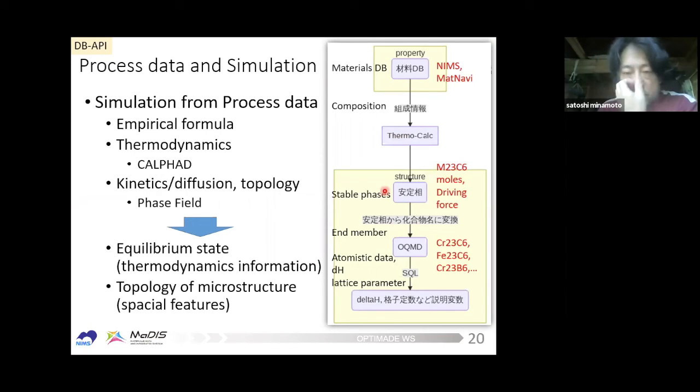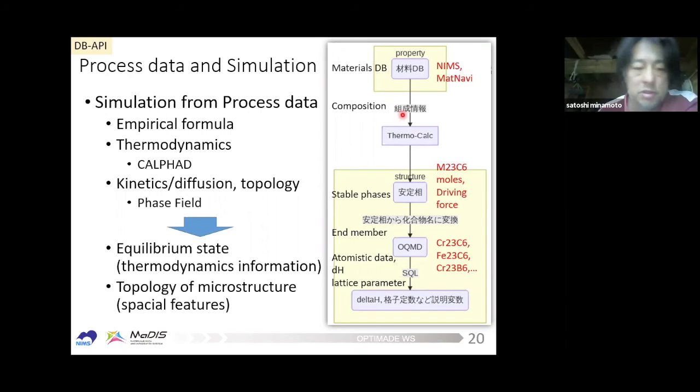And of course, we can get information about formation enthalpy or other information related to, for example, the bulk modulus, shear modulus, or strength of the materials. And of course, this is just a trial in our project.